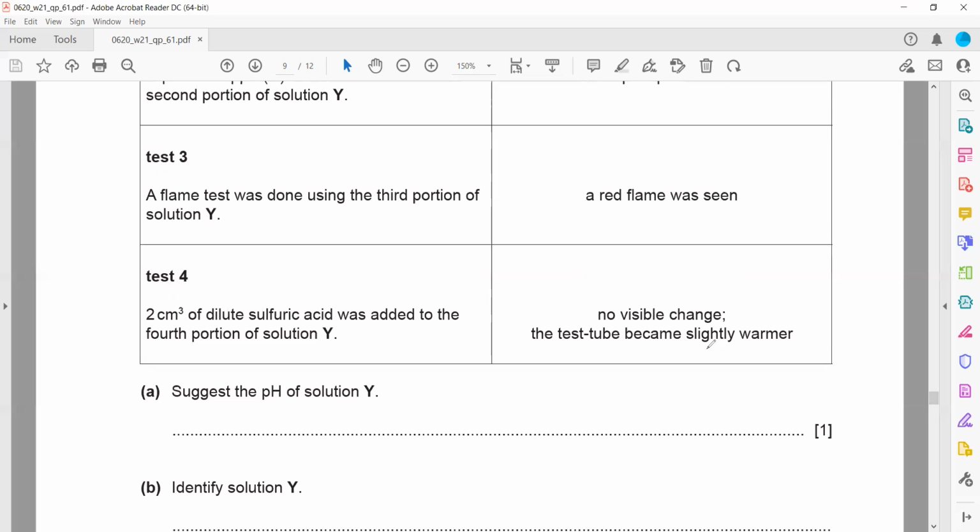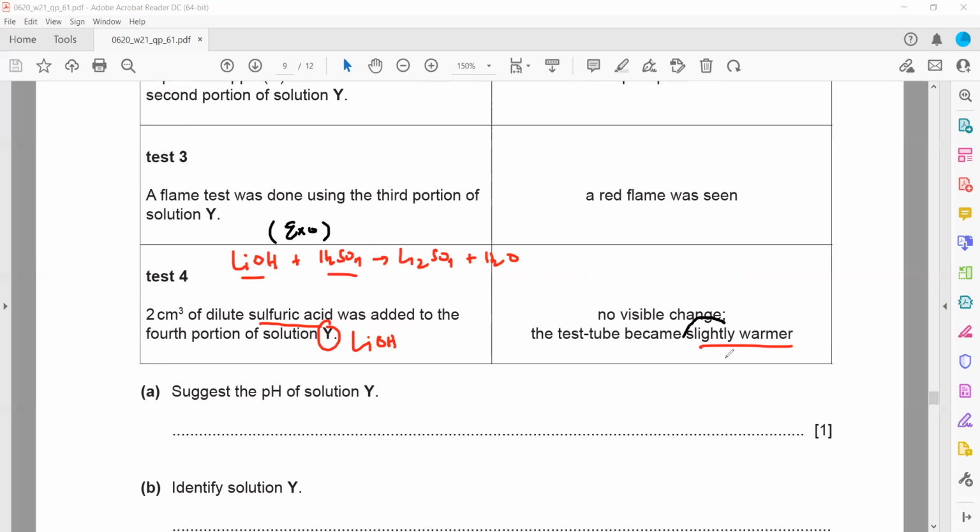But why does the test tube become slightly warmer? Because of the neutralization reaction. Lithium hydroxide plus sulfuric acid gives lithium sulfate plus water. Acid reacting with an alkali is called neutralization, and neutralization is exothermic.